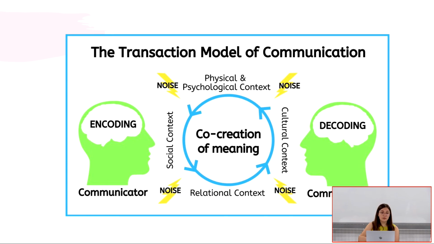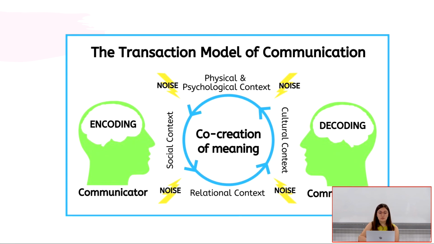For example, when you are in a classroom which is too cold, it can affect your communication. Or cultural context can also be an effective disruption for communication, because in some cultures there are differences that can affect how the communication goes. Also, relational context is important to how communication occurs in a certain context.